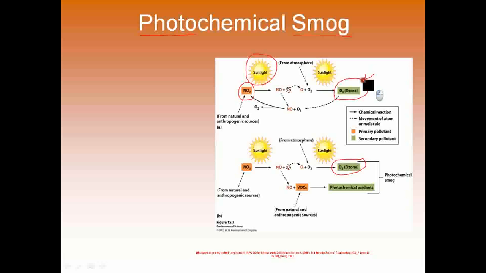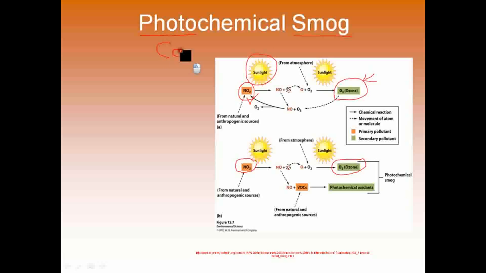But that's at the end of the line. You need to know what the principal cause is at the beginning of the line, and it is the nitrogen dioxide. It's the nitrogen dioxide that is the principal starter of this problem. And where did I tell you to remember nitrogen comes from? Cars.